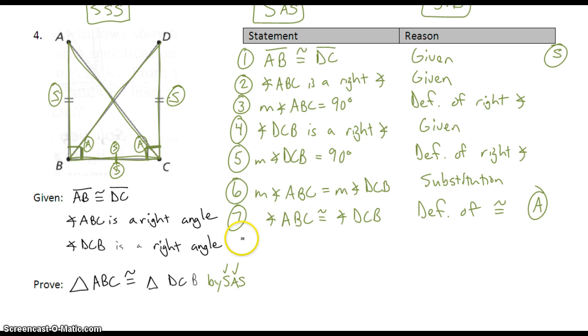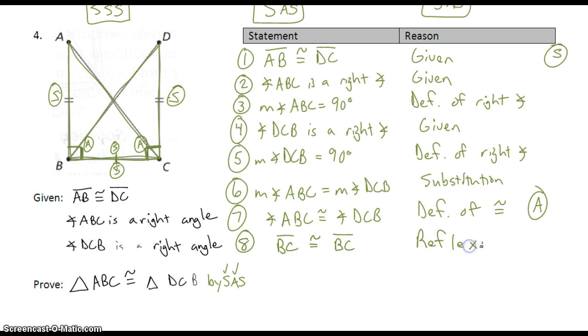Now I need to go to that pair of congruent sides, my final pair of congruent sides. And if you remember, that was this shared side between the two triangles. So BC will be congruent to BC. Now whether I call this side BC or CB, they both mean the same thing.